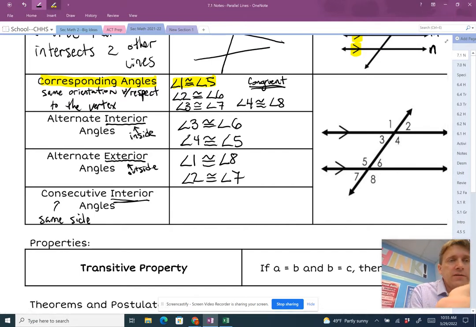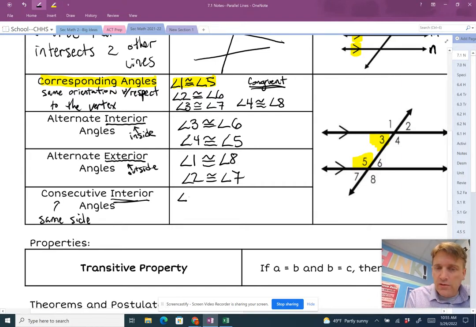So if I look at 3 and 5, these are consecutive interior angles. But the measure of angle 3 plus the measure of angle 5 is 180 degrees. They're supplementary. That's what that means.